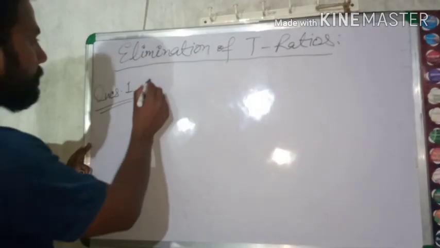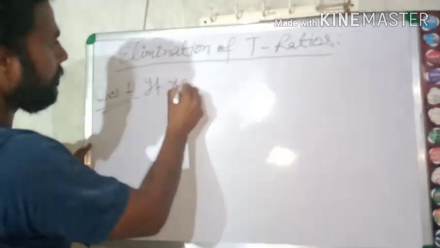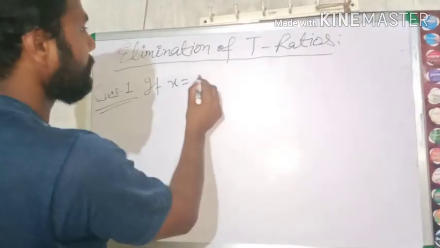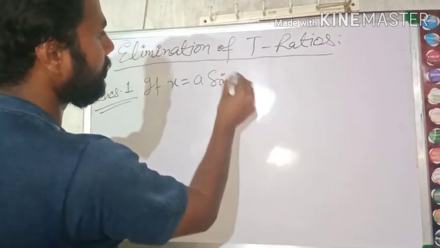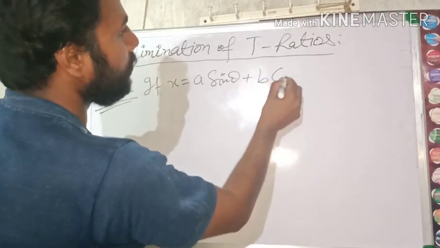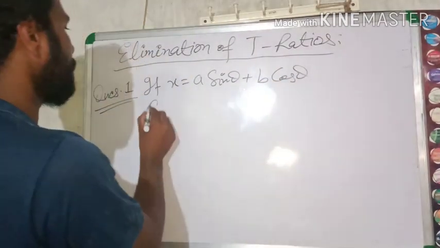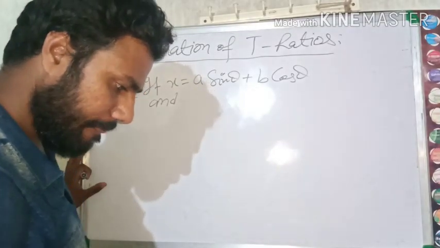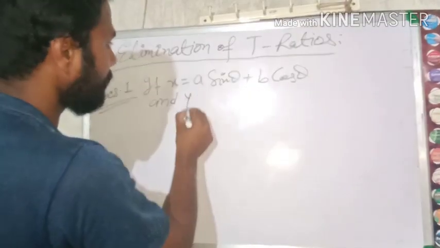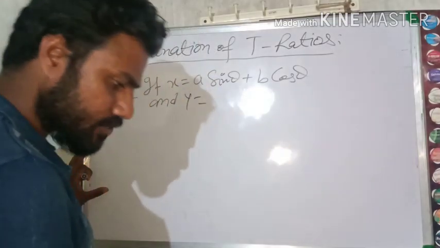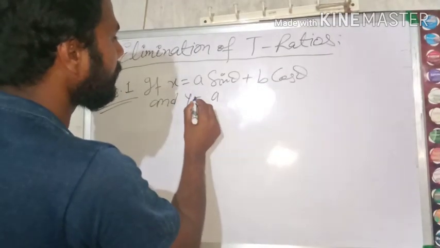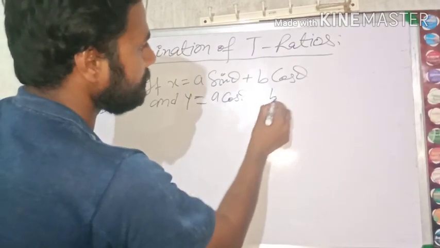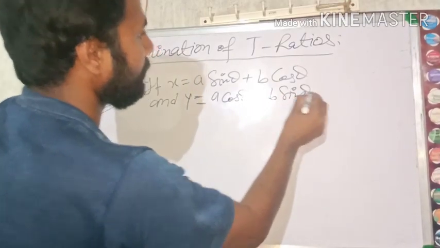If x is equal to a sin theta plus b cos theta and y is equal to a cos theta minus b sin theta.